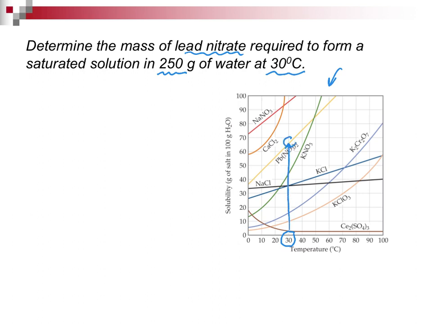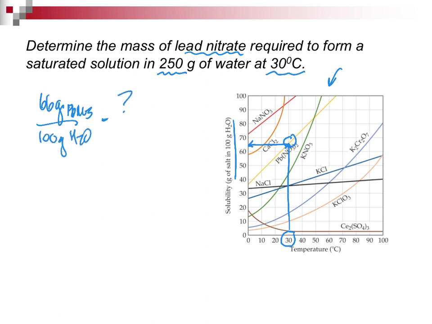Once you hit that line, what you want to do is read over to the left on the y-axis to see what is the solubility, grams of salt in 100 grams of water. And like I said, it is the same chart that I had in high school. Some things never change.